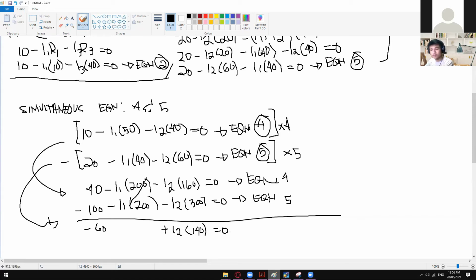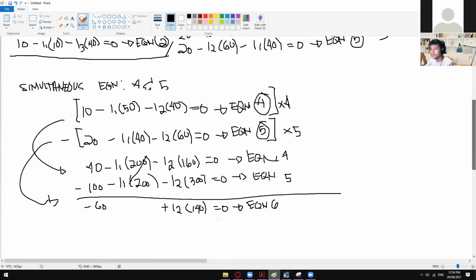Okay, so we could now call this one your equation number 6. And then in this equation number 6, we can now solve for the value of your I2 since we now have only one unknown. So this one will become negative 60 plus I2 times 140 is equal to 0.